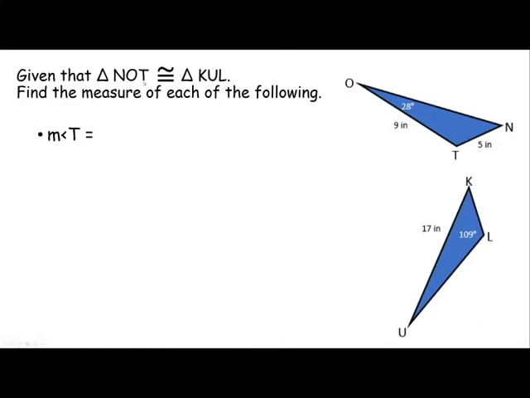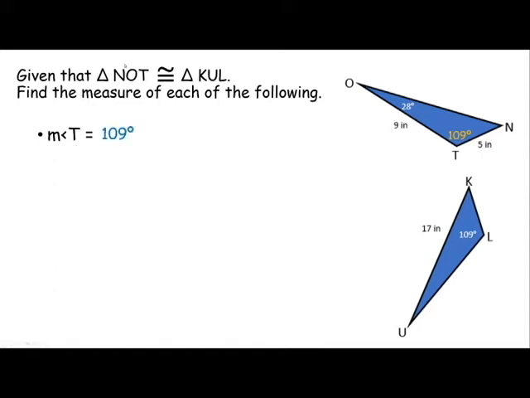Well, it's the last letter in the first triangle, therefore it's going to match the last letter in the second triangle, which means angle T is going to be congruent to angle L. Do you know how big angle L is? Well, hopefully you can look and see that's 109 degrees. Since angle L is 109 degrees, that tells me that angle T is also going to be 109 degrees. And so I'm just going to list that right over here.